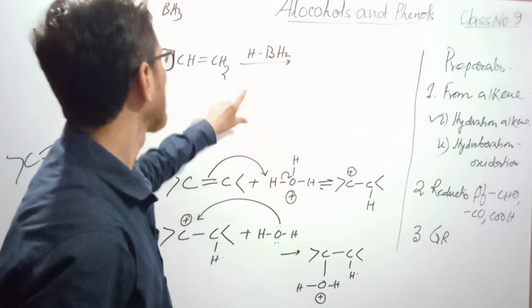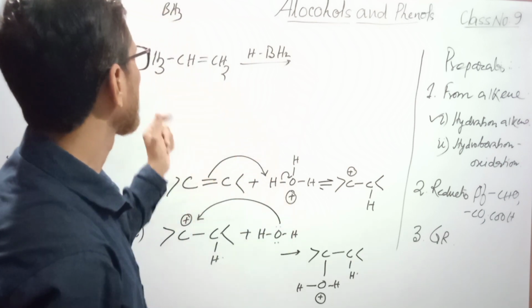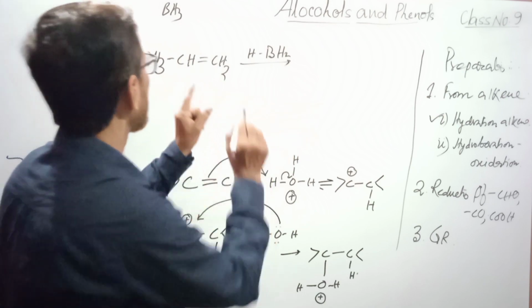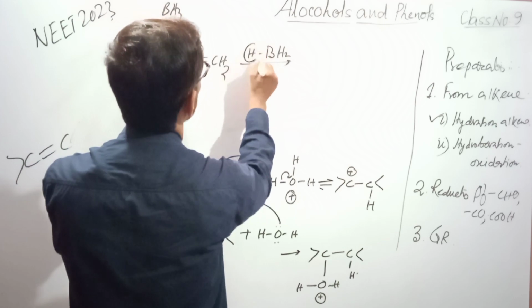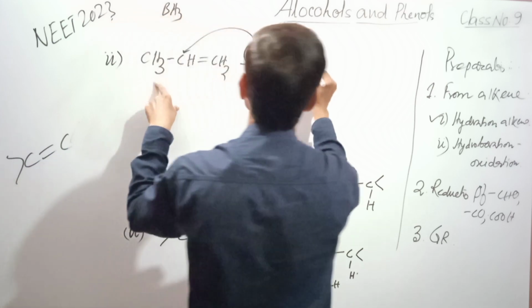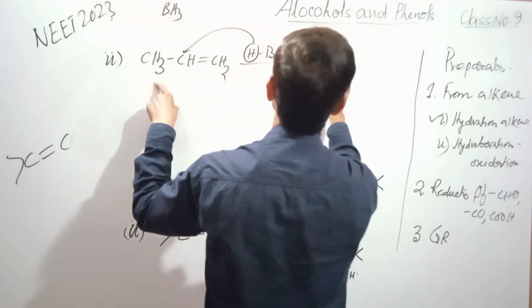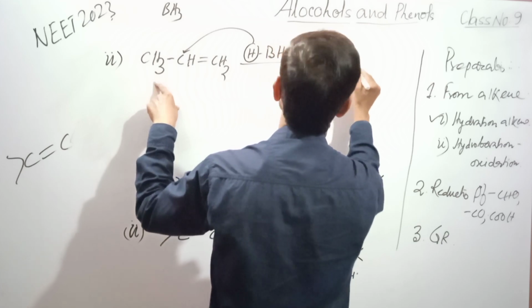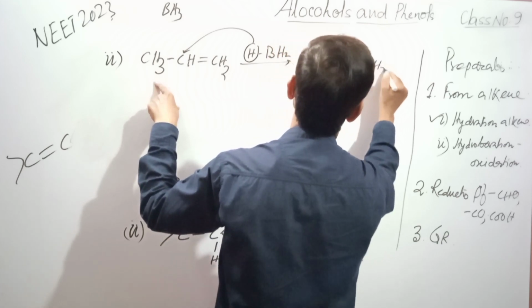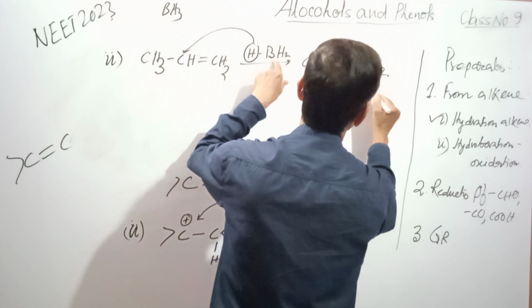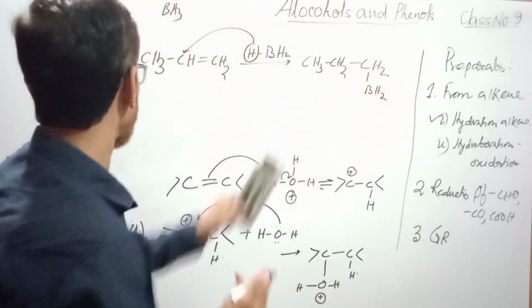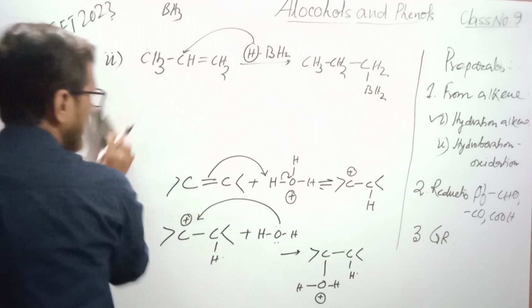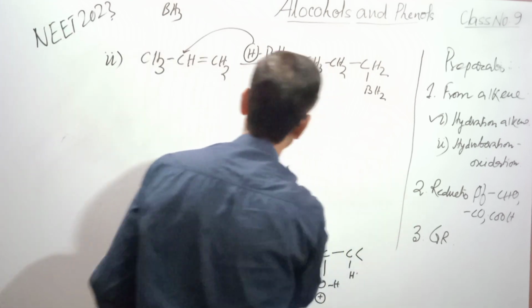Many students make mistakes here and can't continue. Wherever alkene and borane are there, this hydrogen gets attached to this one. So what you get here is CH3, CH2, single bond CH2, and that part will attach here. This is the first step, and if you make a mistake in the first step, you can't continue the reaction.